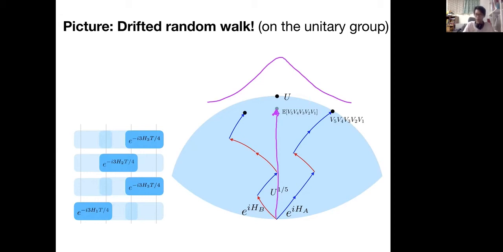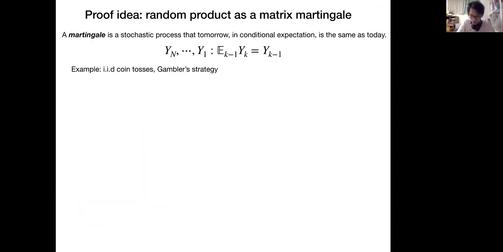So let's sketch how the proof works. We have to call something called a matrix martingale. What's a martingale? A martingale is a stochastic process where tomorrow, in conditional expectation, is the same as today. These E_k are conditional expectations. A very simple example, perhaps an oversimplifying one, is i.i.d. coin tosses.